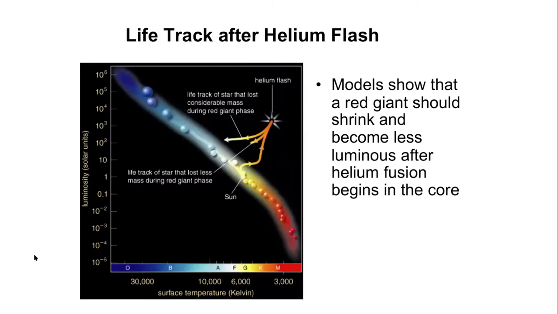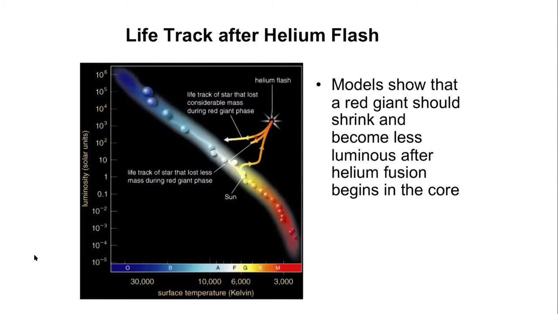So when you're looking at this diagram, the sun will run out of hydrogen in the core and move up. And as that mass of the helium ash core gets hotter and hotter, it will move up the red giant branch until it reaches the top of the red giant branch. And then the helium flash will happen. And then what happens next is it moves down into the left.